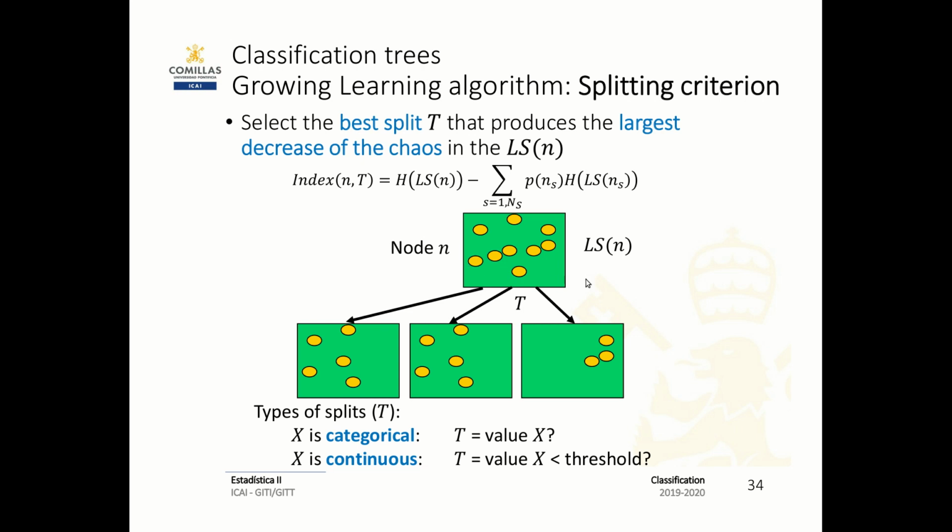So we compare the entropy of the parent to the entropy of the children, each one taking into account how much share of the parent observations they are taking. So this is actually a mean, an average of the entropy of the children. The split that gives the maximum entropy decrease is the best split.